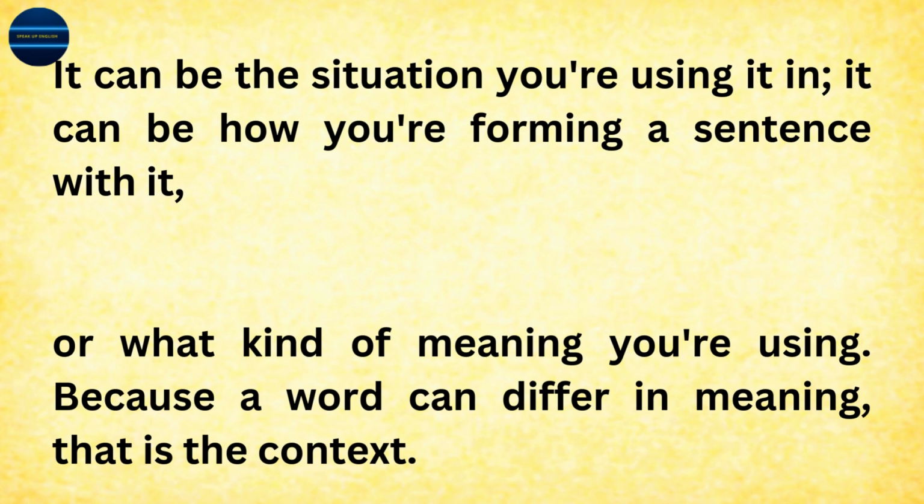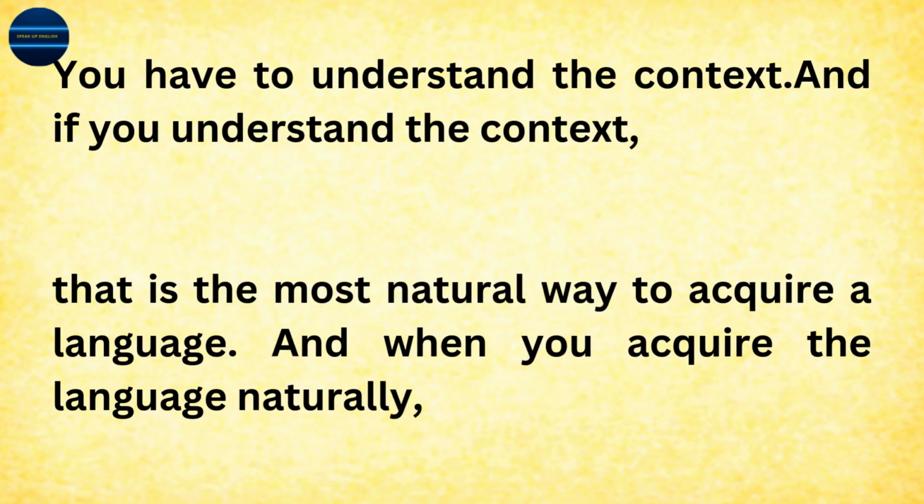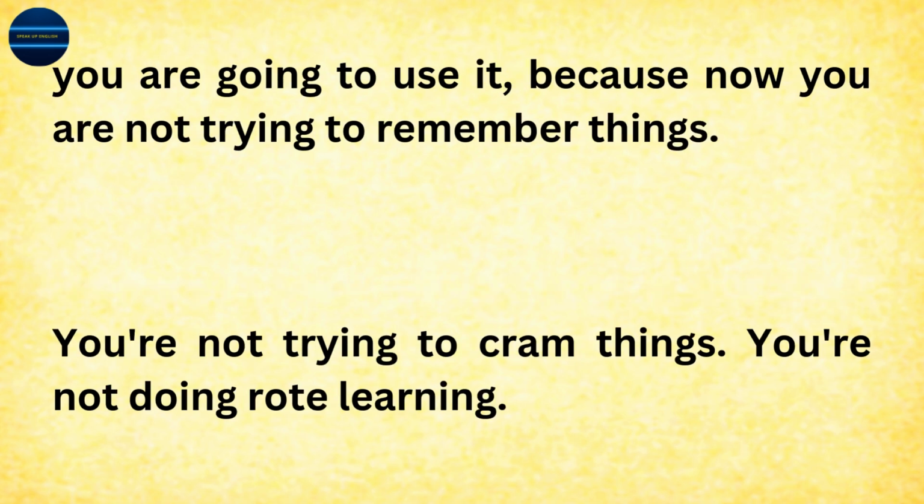That is the context. You have to understand the context. And if you understand the context, that is the most natural way to acquire a language. And when you acquire the language naturally, you are going to use it, because now you are not trying to remember things. You're not trying to cram things.